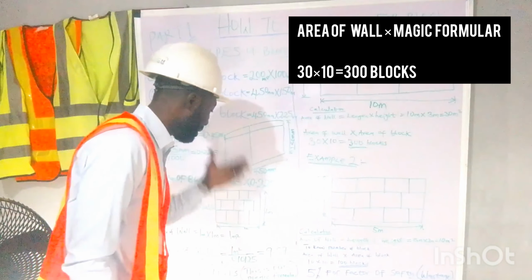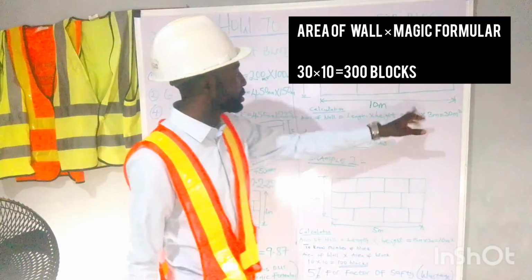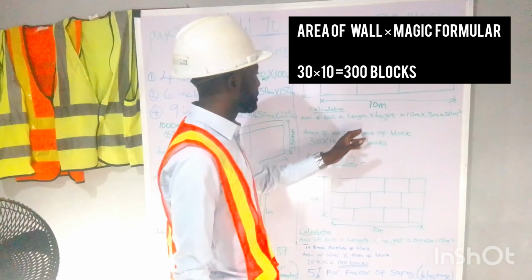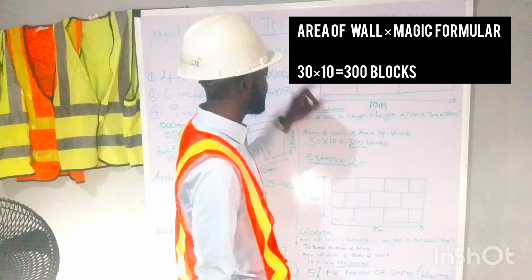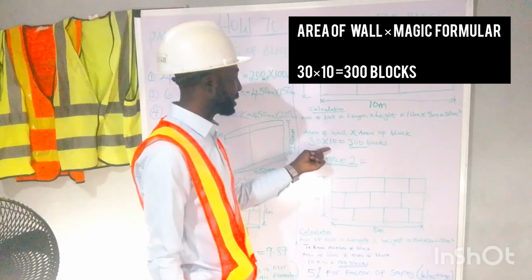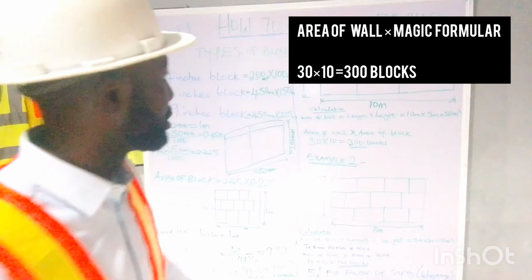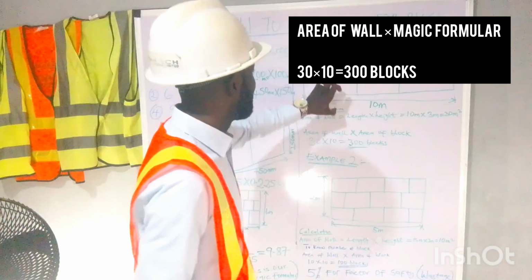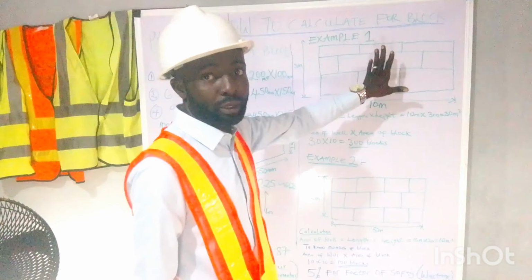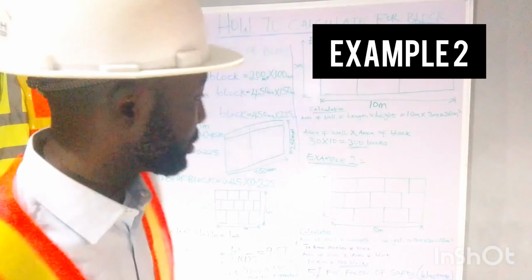The area of wall times area of block, which is 30 times 10, will give us 300 blocks. So for this area, we are going to need 300 blocks to lay in this area.